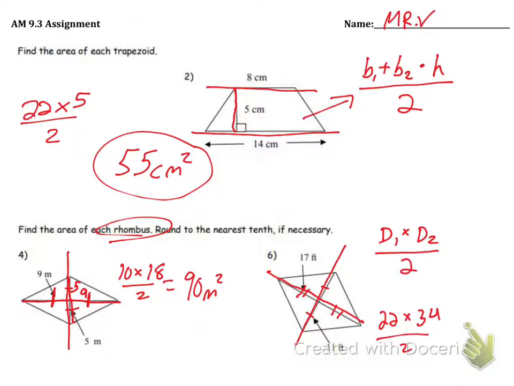So 22 times 34 is 748. Divided by 2 is 374. So your final answer would be 374 feet squared, obviously, because we're looking for the area.